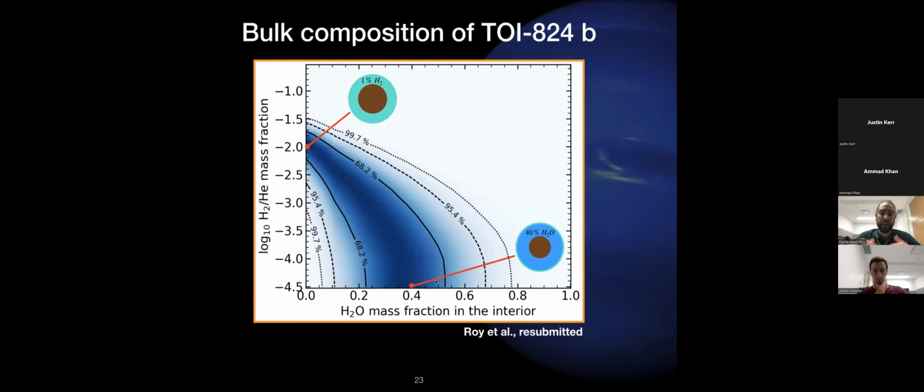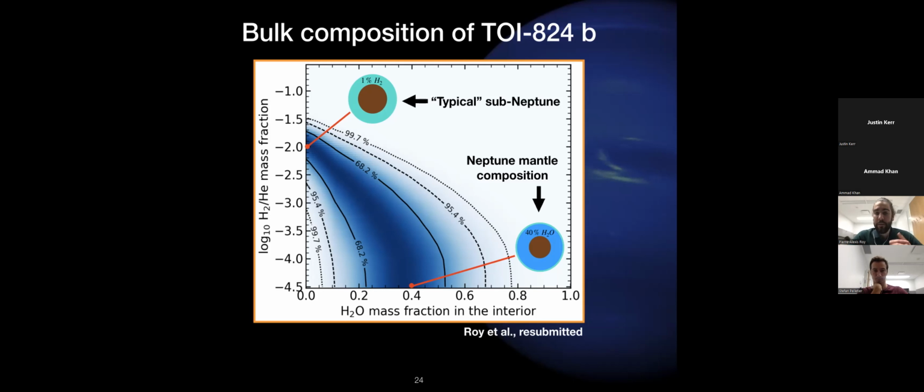And we see that basically the properties of TOI 824b are consistent with a range of compositions that range from rock with a 1% hydrogen envelope up to a rocky core with a large water content mantle and almost no hydrogen.